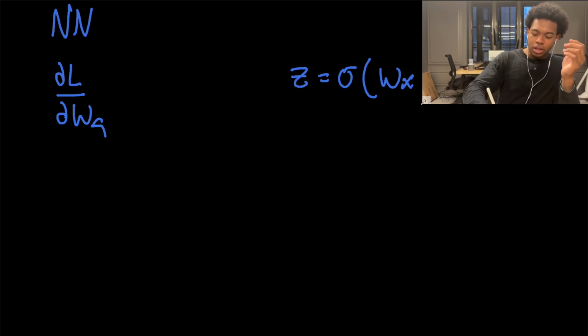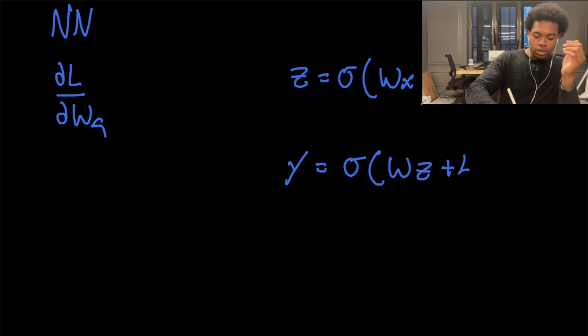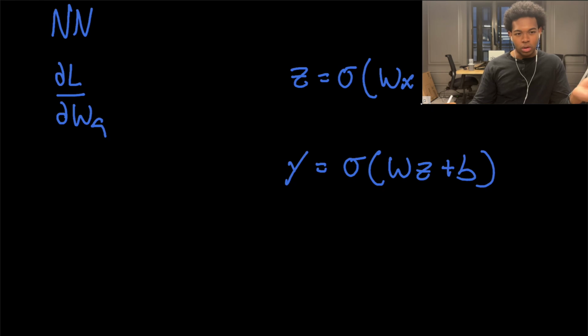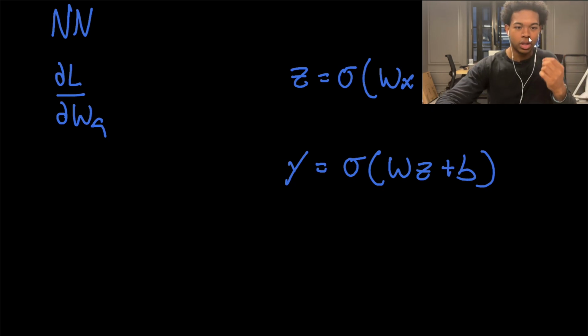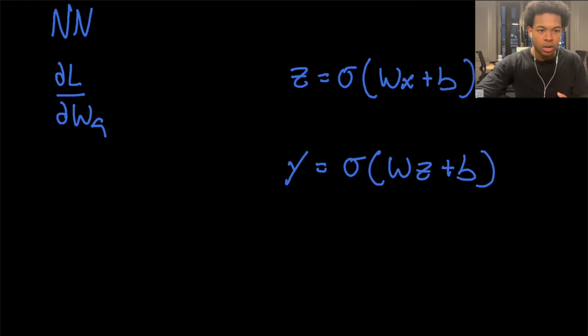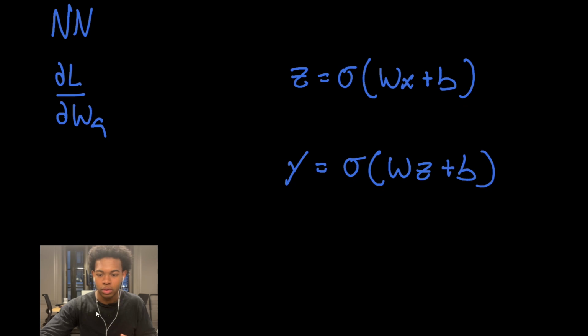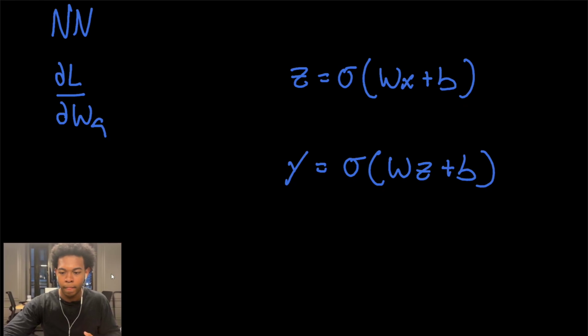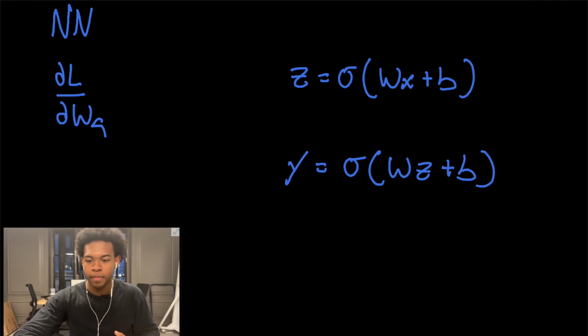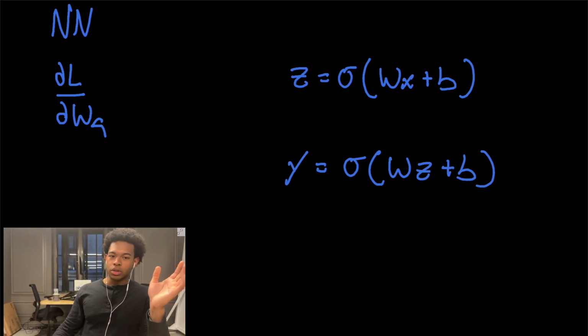Let's say Z looks like that, and then Y equals sigmoid of WZ plus B. And now we have a 2-layer neural network, I'm pretty sure. Oh, you can't see that. Well, now I'm way too invisible. Okay, so now we have a 2-layer neural network.